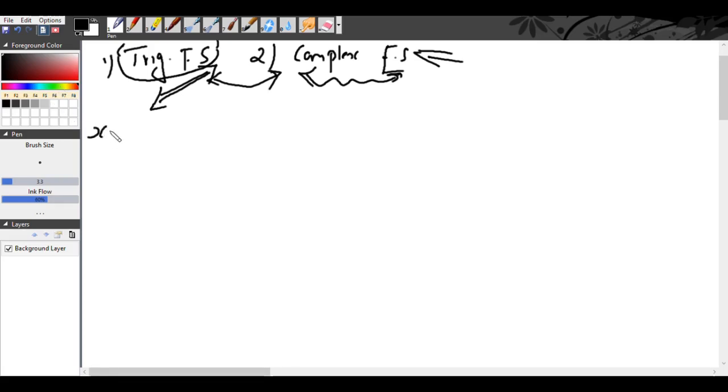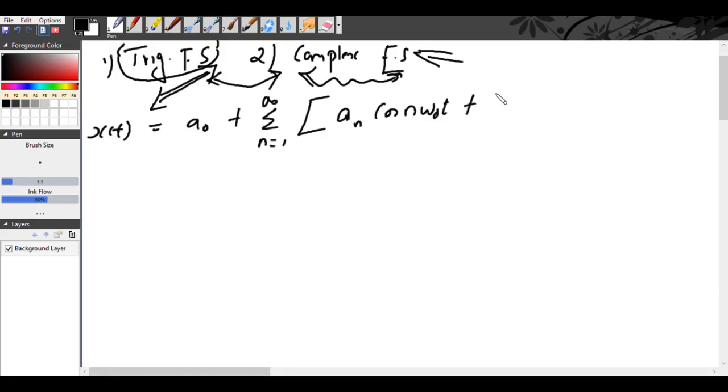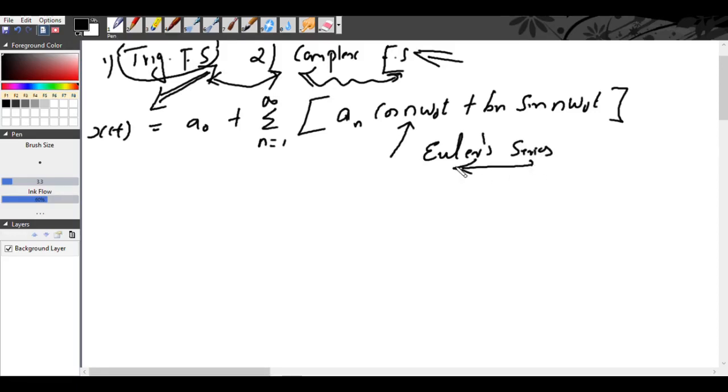Look, the Fourier series expansion can be written as a naught plus the summation from n equal to 1 to infinity of an cos n omega naught t plus bn sin n omega naught t. What if I introduce Euler's series of expansion here?